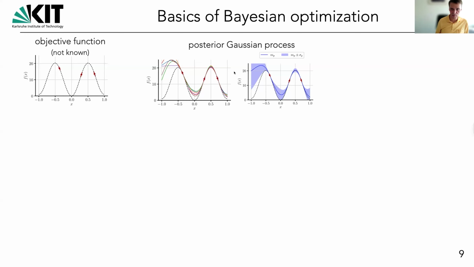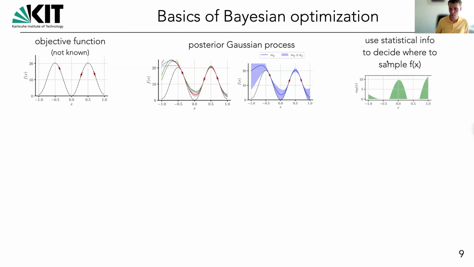From that you can predict a mean value and also a standard deviation. From these quantities you can predict the expected improvement, a scalar-valued function that tells you which point in parameter space you should sample next in order to get the largest knowledge about the underlying behavior of this objective function.